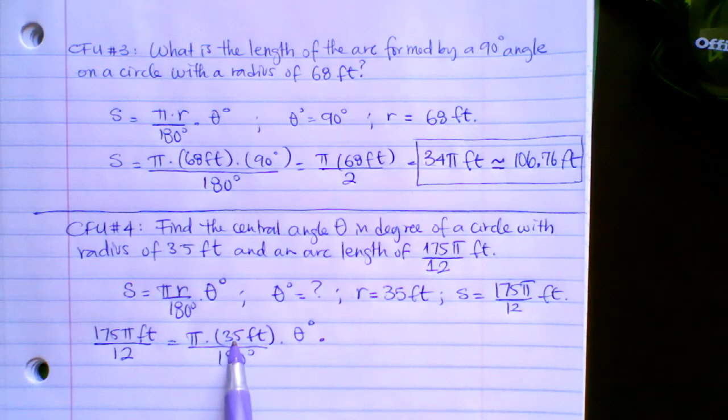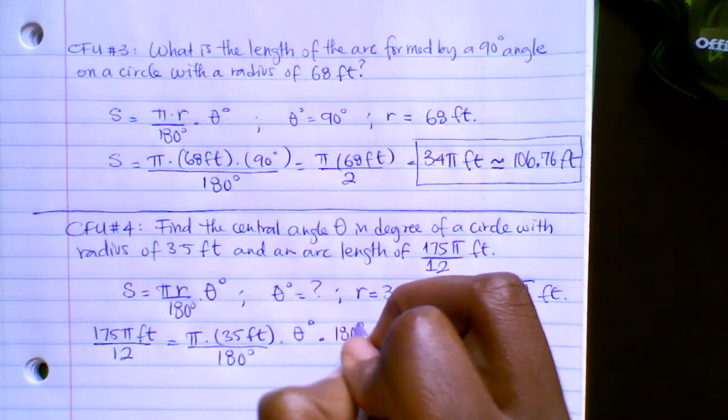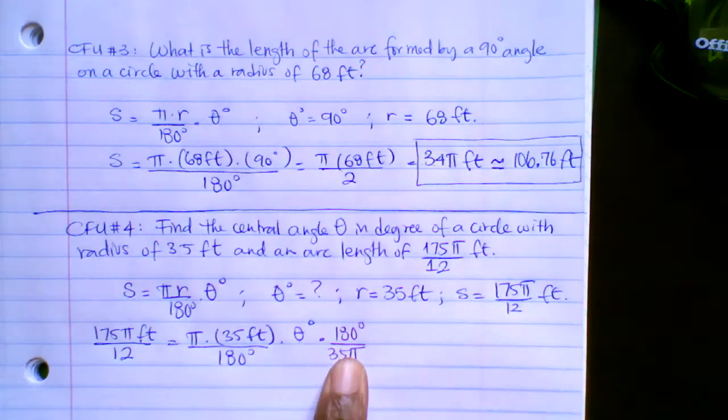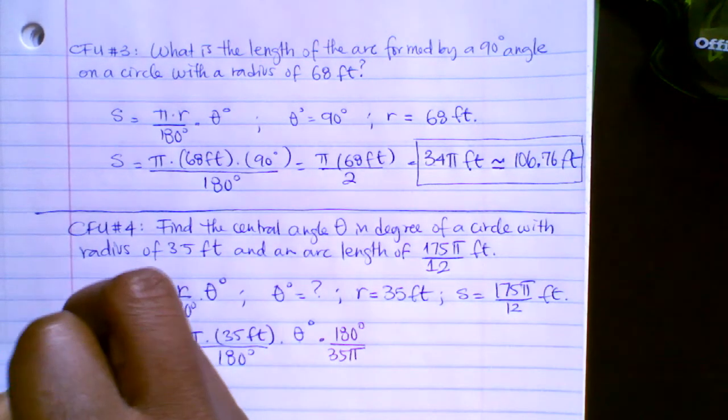I have a fraction of 35 pi over 180 degrees, so I'm going to multiply by the reciprocal so that theta can be by itself. The reciprocal here is going to be 180 degrees over 35 pi. And whatever I do on the left side, you have to do on the other side as well to balance the equation.